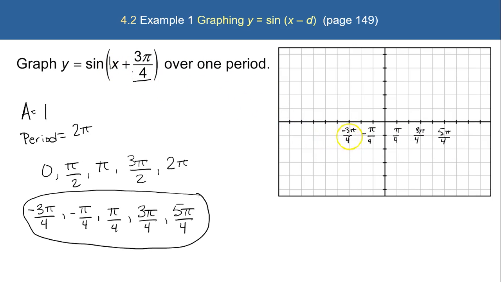So when we plug in the negative 3 pi over 4 into our sine function, we get the value of 0. So here is where we're going to start. And then negative pi over 4, plug that into x, you're going to get 1. I'm going to call this 1 right here, and this negative 1.